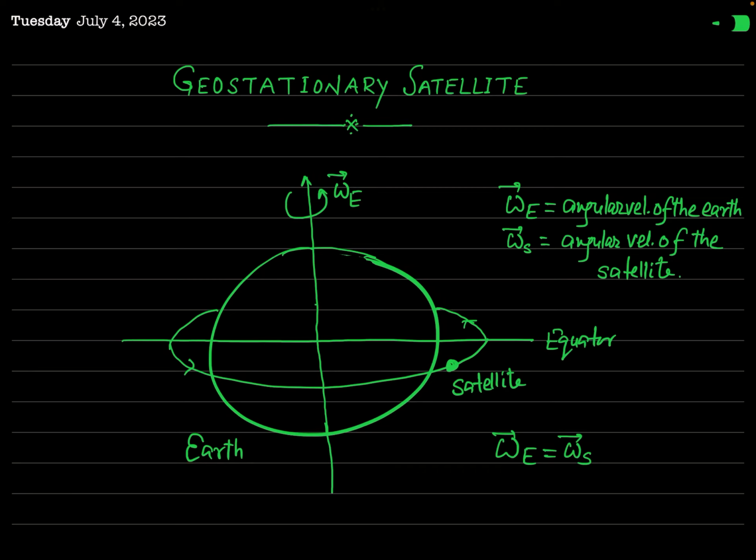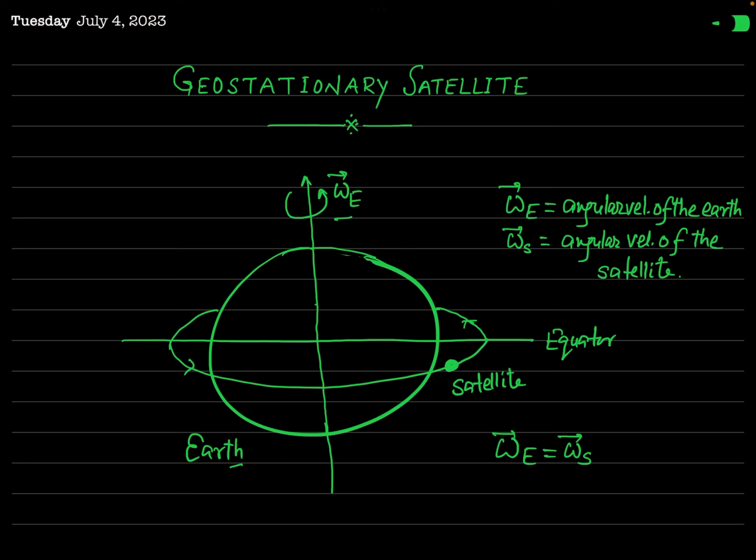You can see this sphere in this figure represents the earth, and this omega e is the angular velocity of the earth. Angular velocity means velocity of rotation of the earth, whose time period is 24 hours. And we consider that in the equatorial plane a satellite is revolving around the earth.